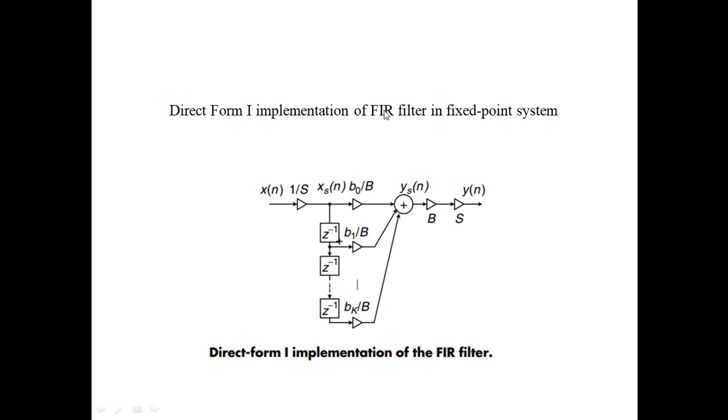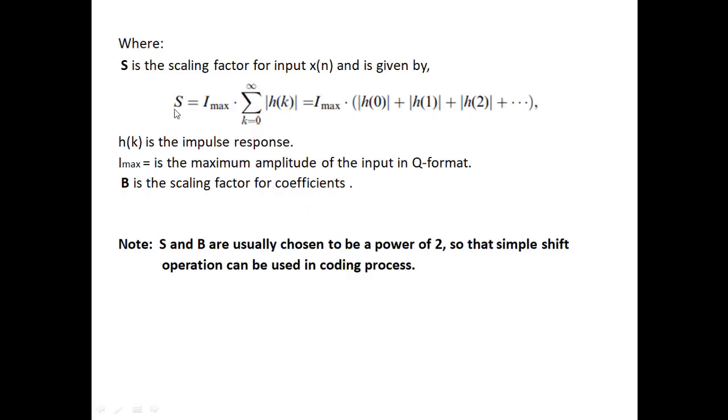Now the relation to determine the scaling factor S is given by S is equal to I max into summation k varying from 0 to infinity of the magnitude of h of k. This equation is the scaling factor for the input x of n. It is not valid to scale down the filter coefficient.